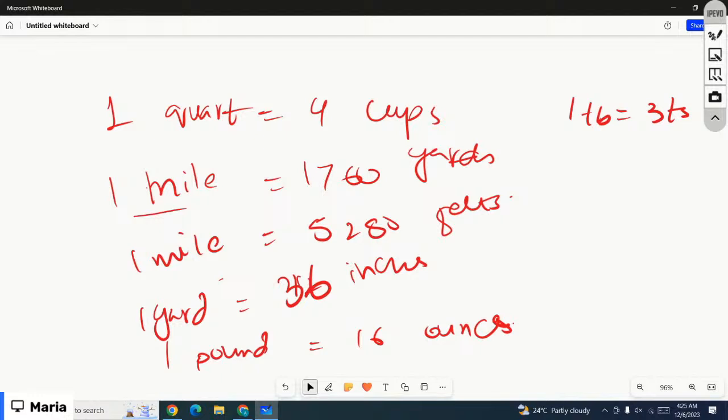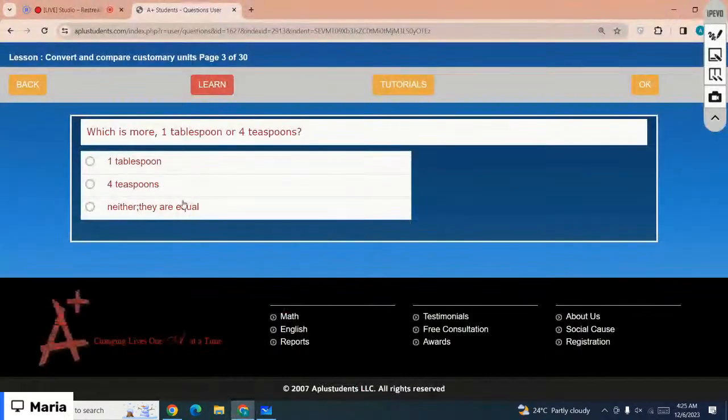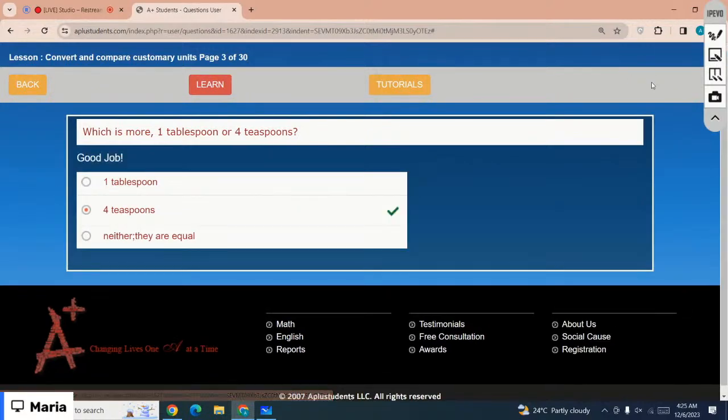So then 4 teaspoons is more than 1 tablespoon. 4 teaspoons is more, right? Because in 1 tablespoon you have 3 teaspoons.